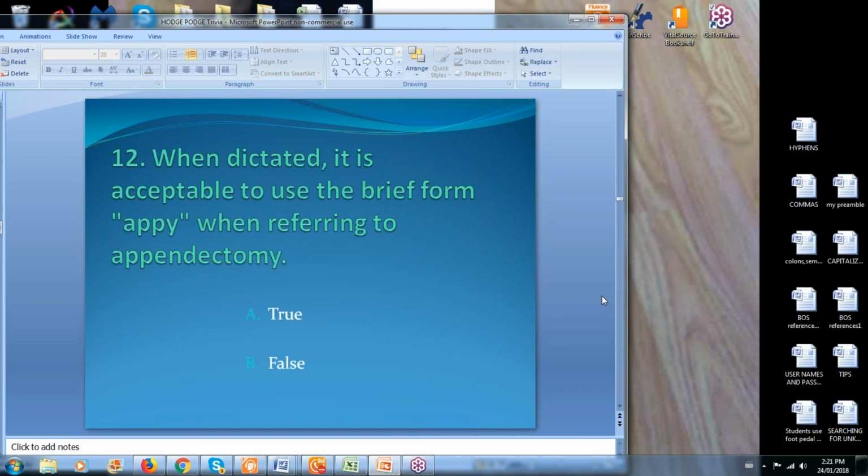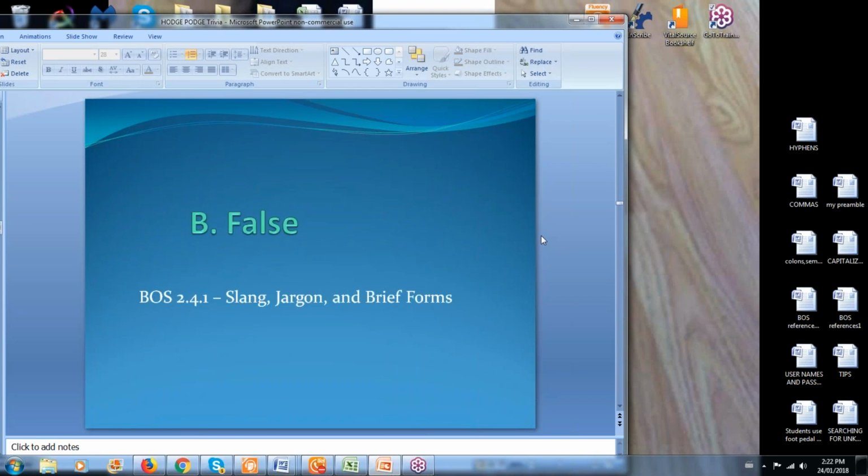When the doctor dictates, the patient had an appy back in 1993, for example, is it okay to use the short form or brief form, whichever you want to say, appy? B, false.